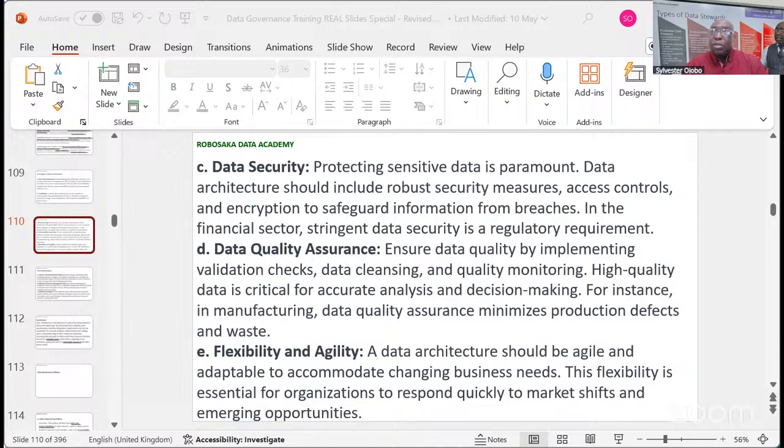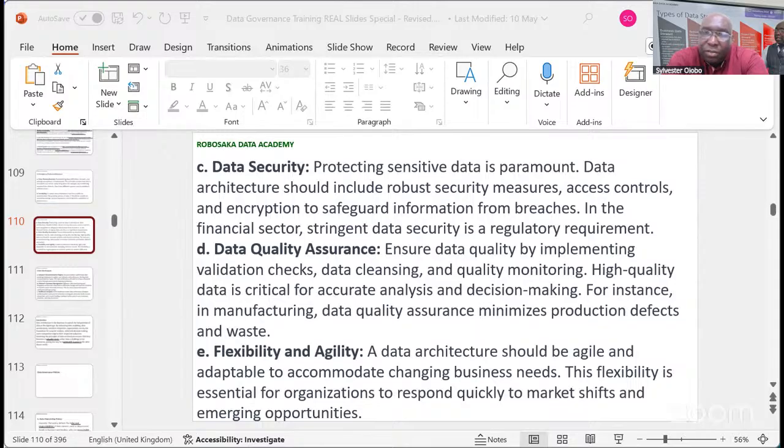It's also crucial for compliance with regulations and safeguarding organizational reputation. But how do we carry out data security? It's one of the components in any data governance program.